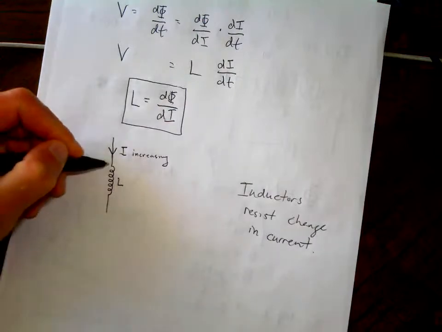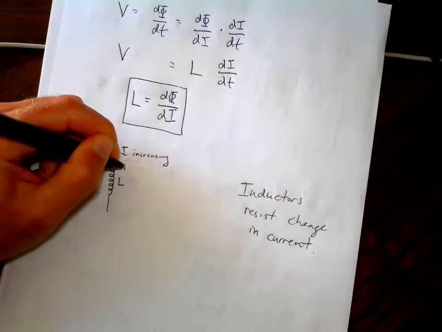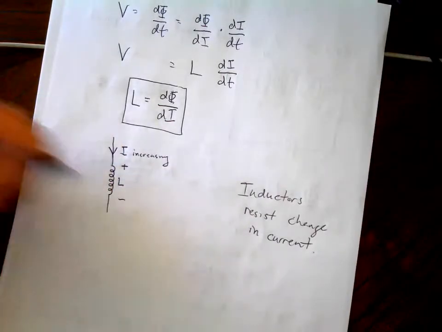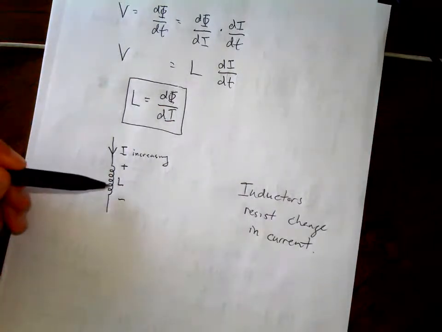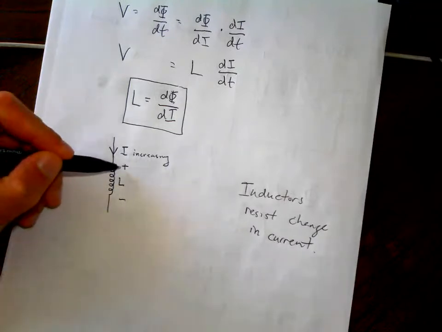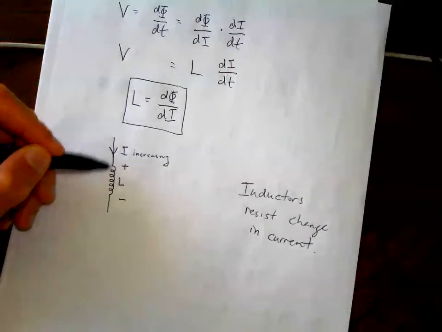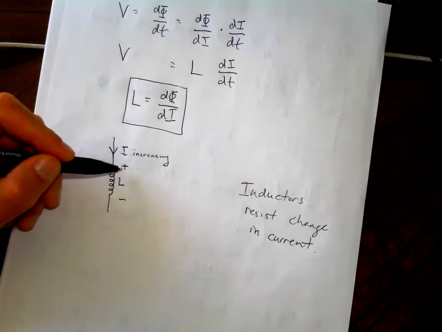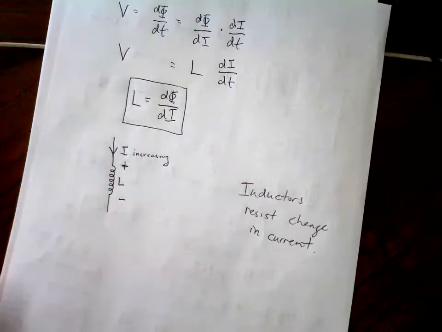If you try to increase the current, the inductor is going to fight it, and it's actually going to behave like a battery that goes in the opposite direction of the current. Remember, batteries push current out of their positive terminal. So if you try to increase the current through the inductor going that way, it's going to say, no thank you, and act like a battery and try to push the current the opposite direction.